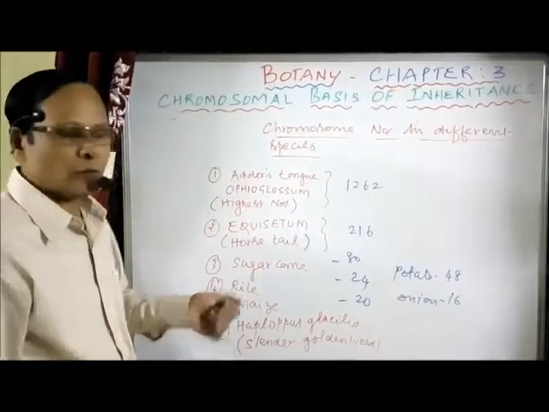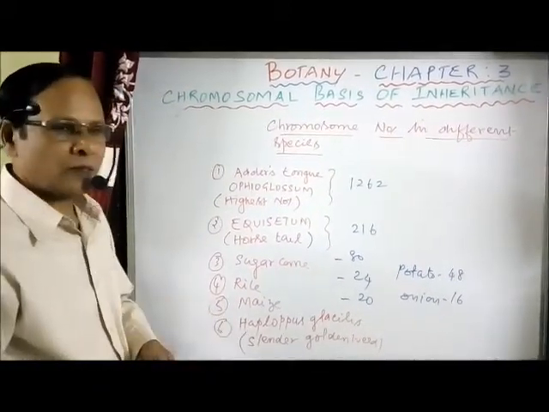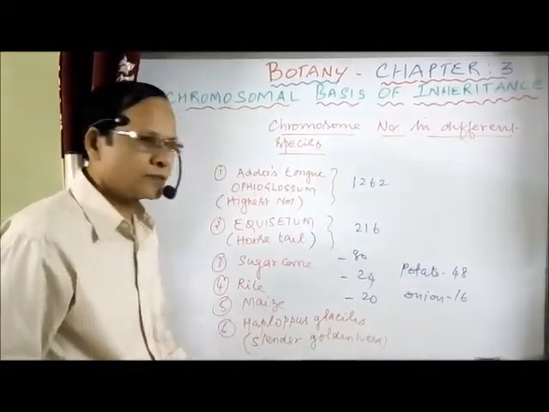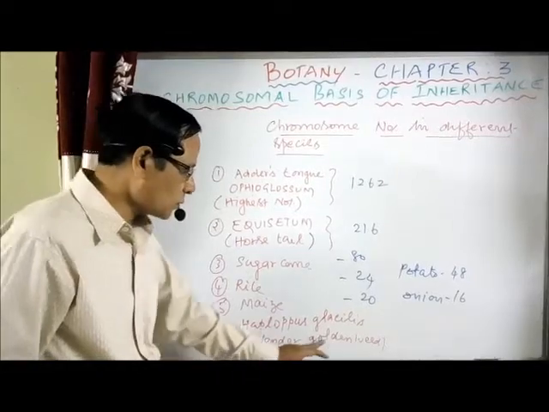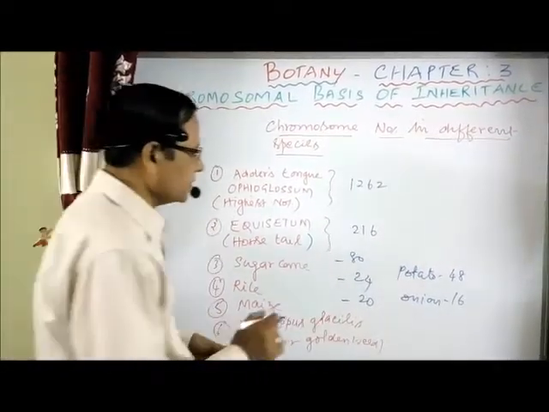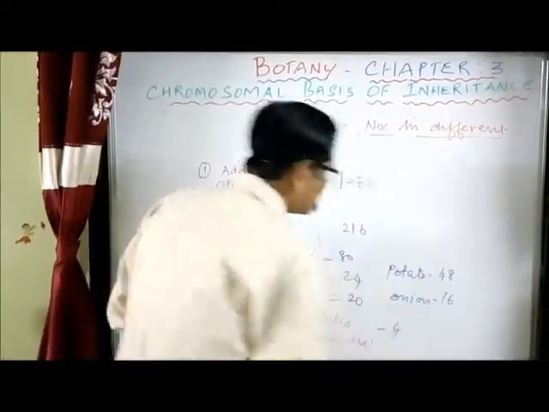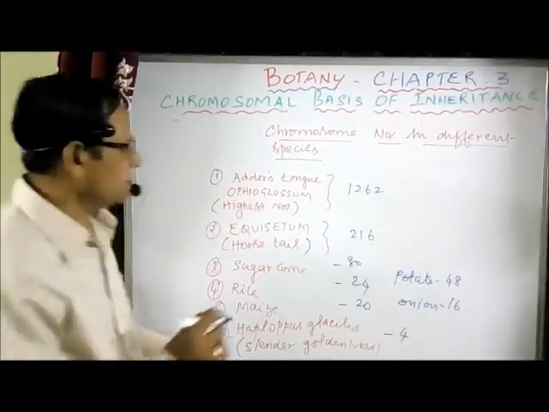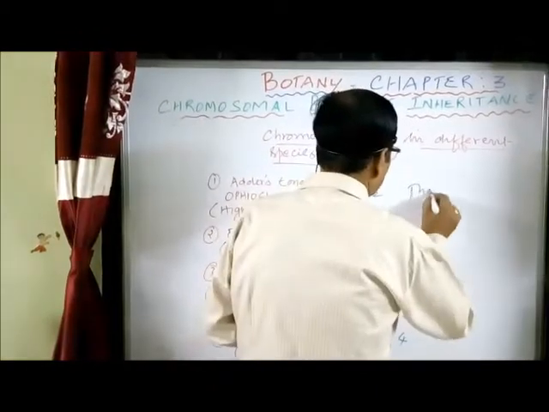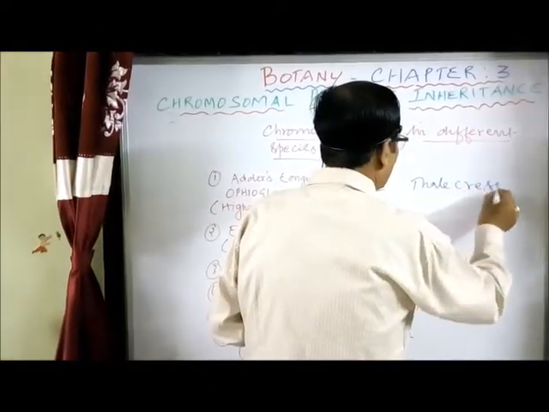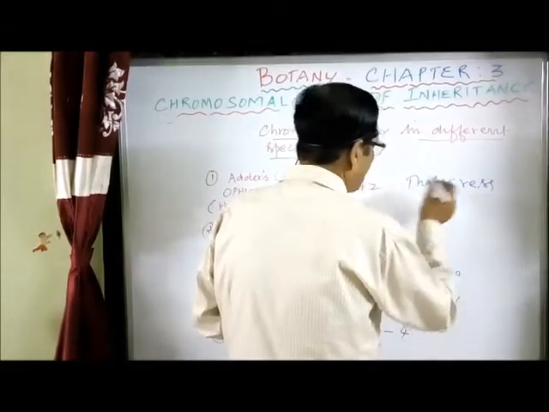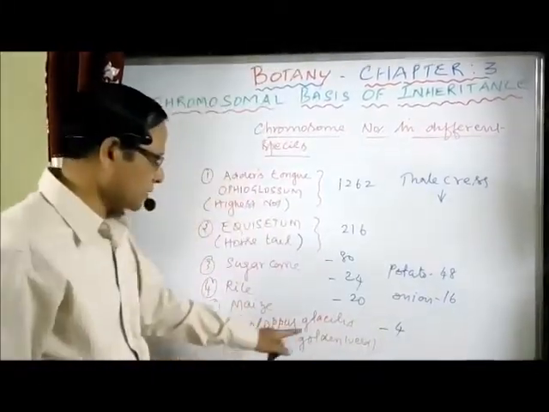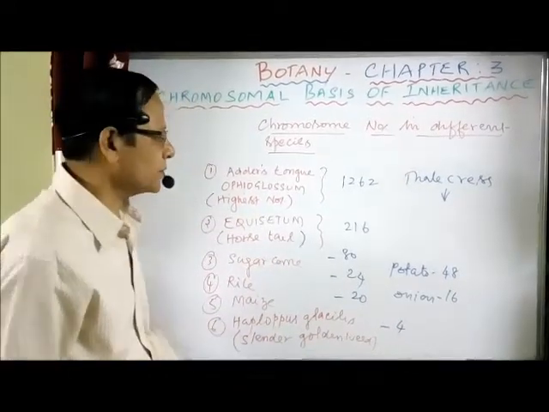So like that we have. Now the least number of chromosomes is present in Haplopappus gracilis, a slender golden weed having the least number of chromosomes, 4. Then there is Thale cress, a common name, belonging to the Asteraceae family. Haplopappus also belongs to the Asteraceae family.